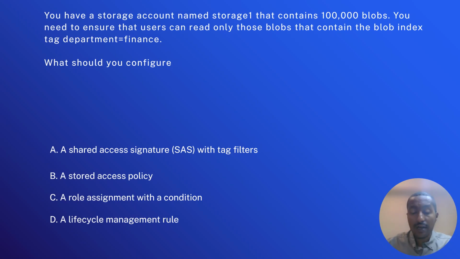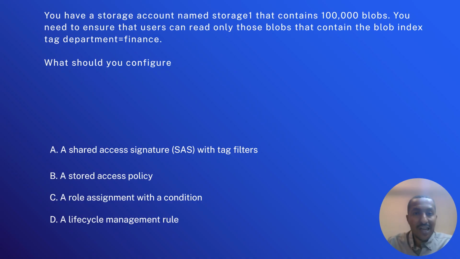So this is wrong and this is not the solution. Option B, stored access policy. A stored access policy sits on a container and governs SAS settings such as start time, expiry, and permissions, but it does not filter requests by blob index tags and is still not meeting the requirements.